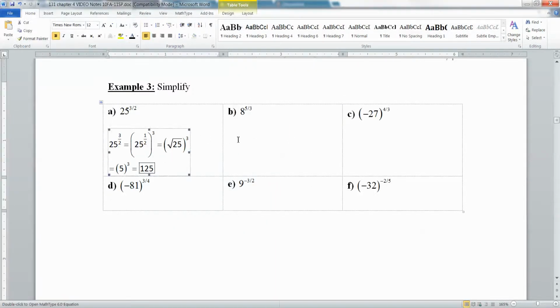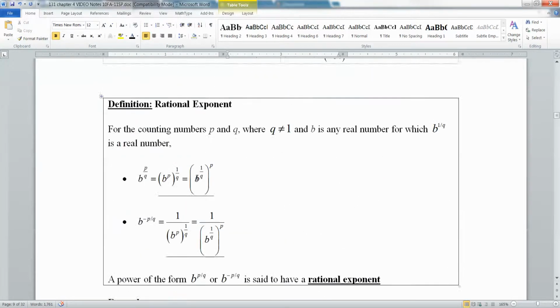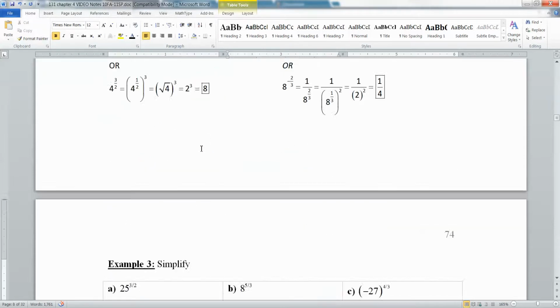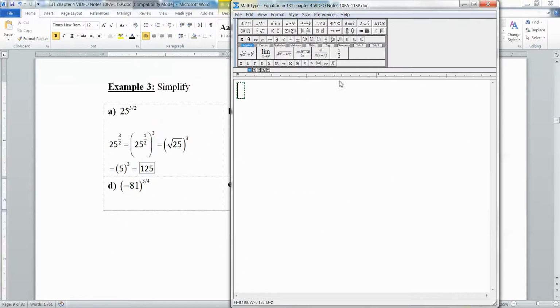All right, let's do some more. And again, I won't always, but I do find of these two, the back one is usually more useful. The one where you make it smaller first. Take the 1 over q power first. So let's do this one. It's 8 to the 5 over 3.